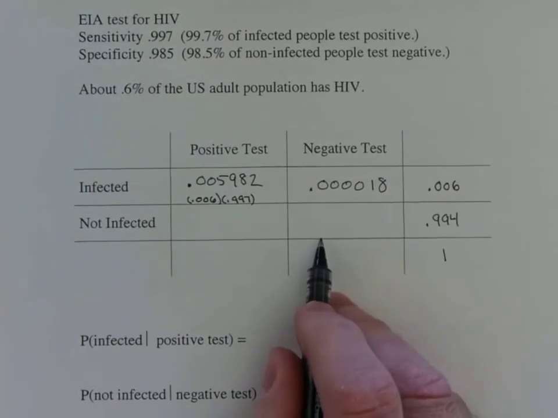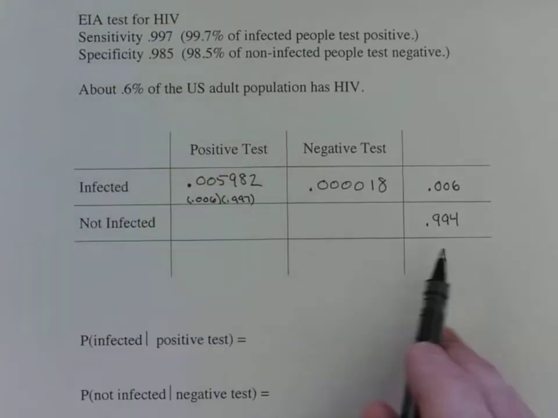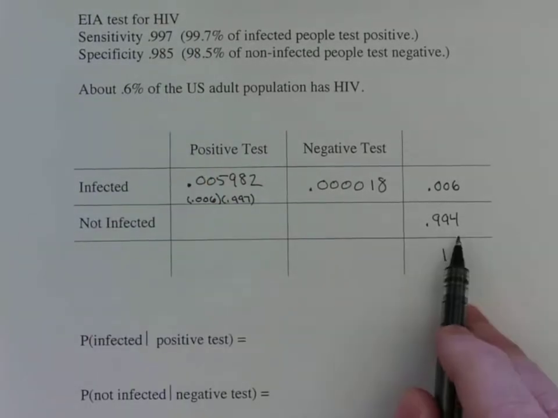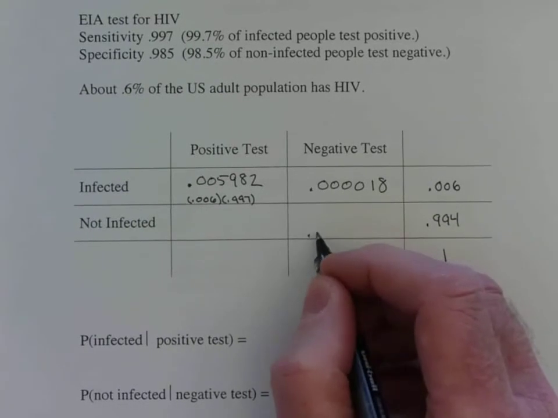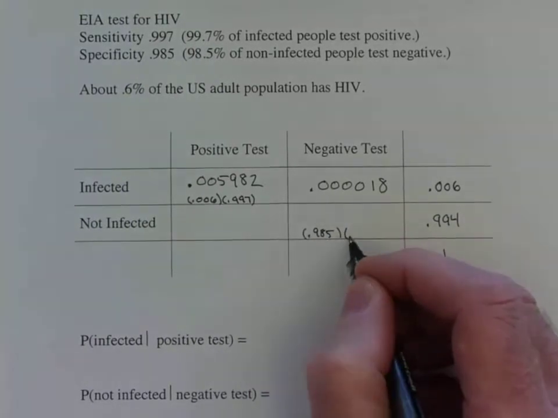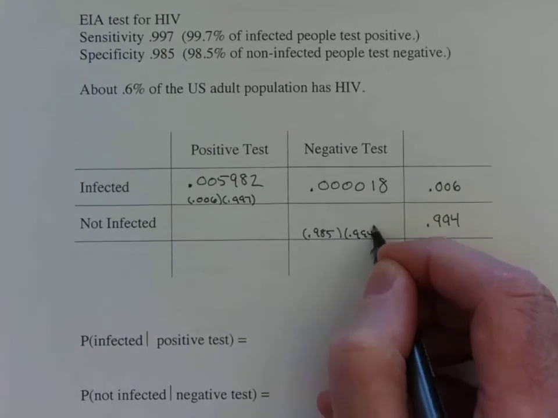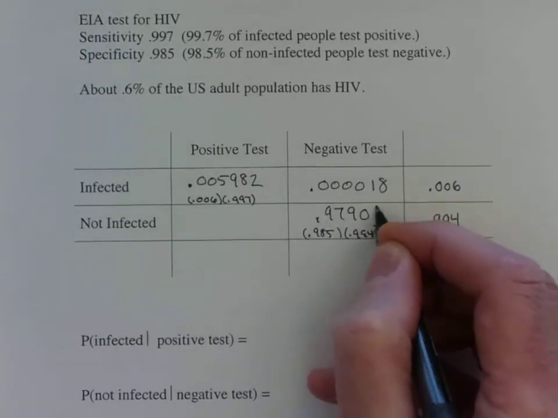We can now go down here and use the specificity to fill in this cell, because this is going to have to be 98.5% of the 99.4% of people who are not infected. And so 0.985 times 0.994 turns out to be 0.97909.